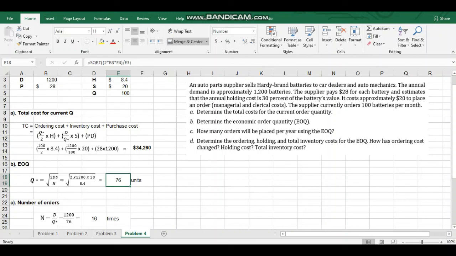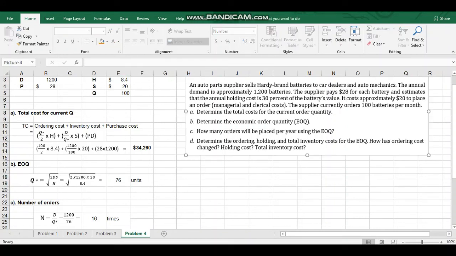So now we have two order quantities. And now at point C, we're asked how many orders will be placed per year using the new EOQ, which is 76 units.